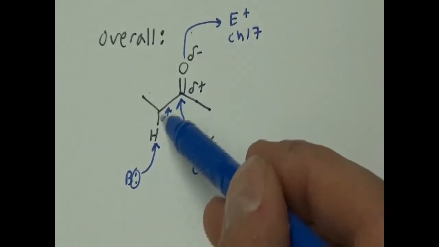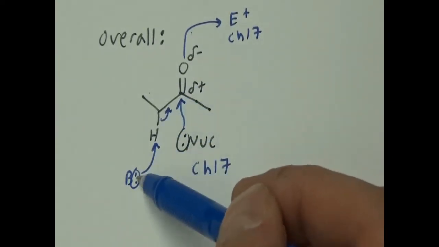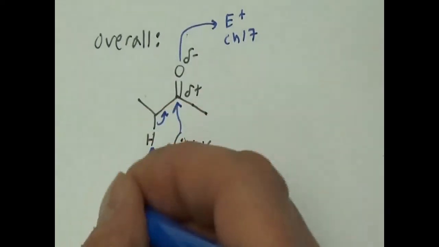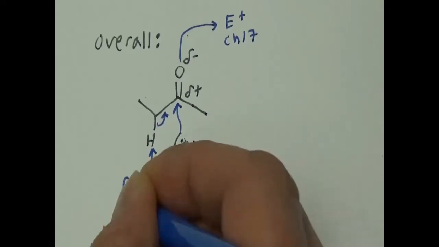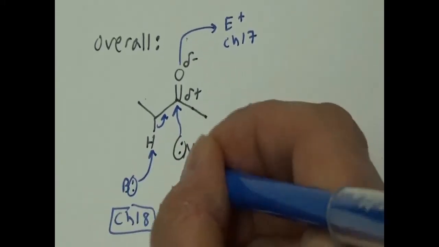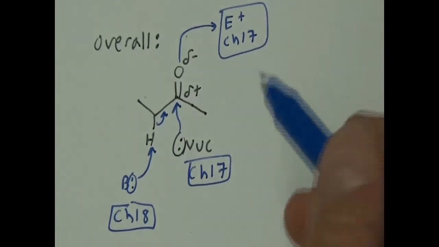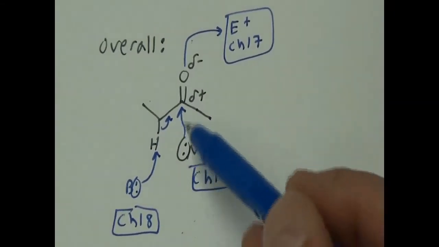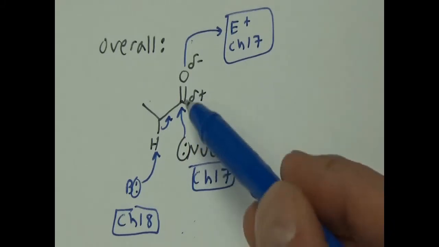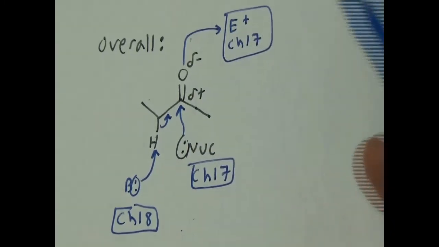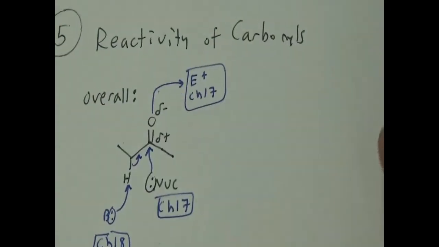Indeed, you can take the proton off and then they can go attack electrophiles. This is chapter 18. This will be the next chapter. So for the most part, this chapter is all about stuff attacking the carbonyl and also the oxygen attacking other stuff.